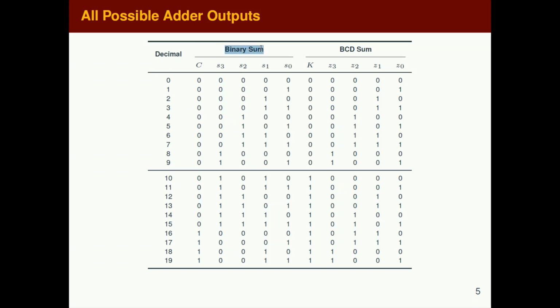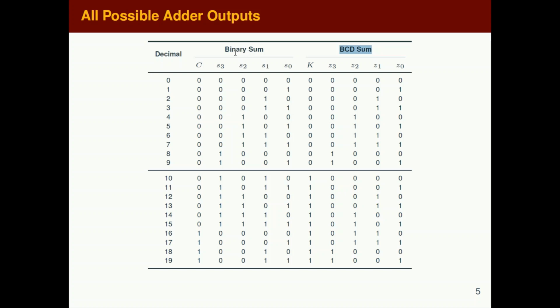You have binary sum C, S3, S2, S1, S0, and you have another column to show the BCD sum, represented by K, Z3, Z2, Z1, and Z0. The first, decimal 0, when we add, we get the binary sum, normal binary.